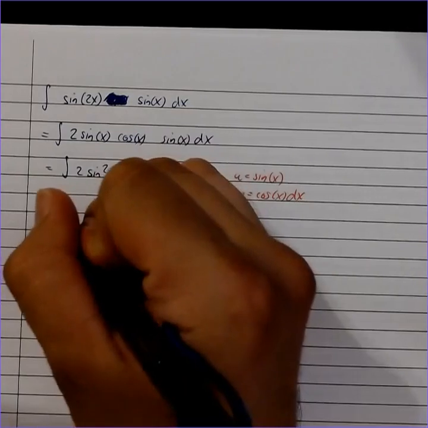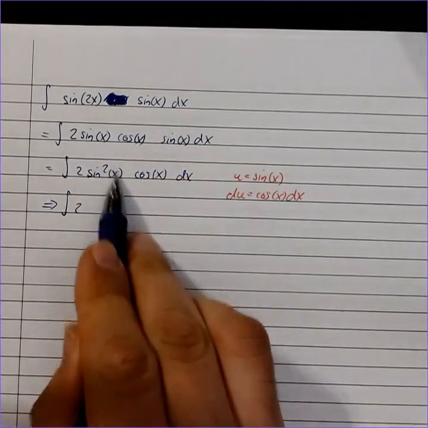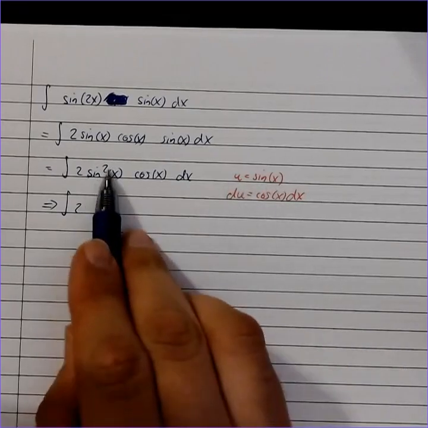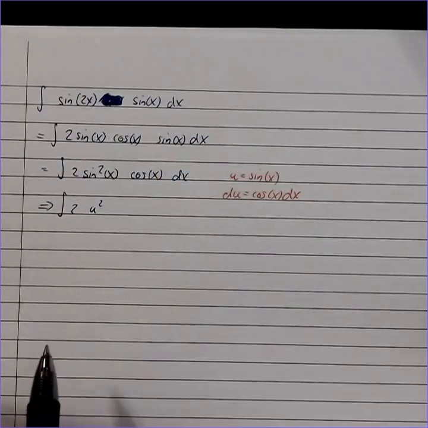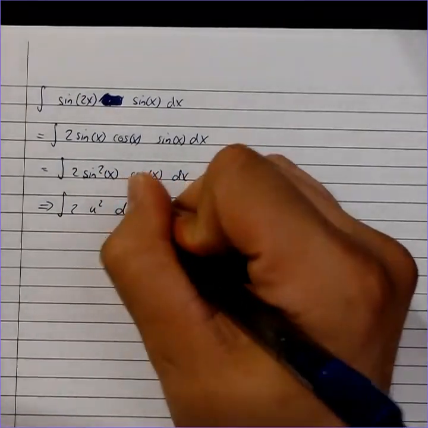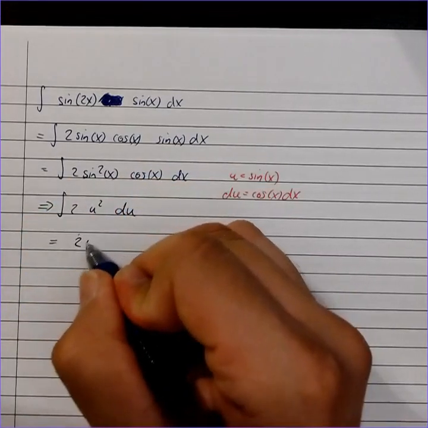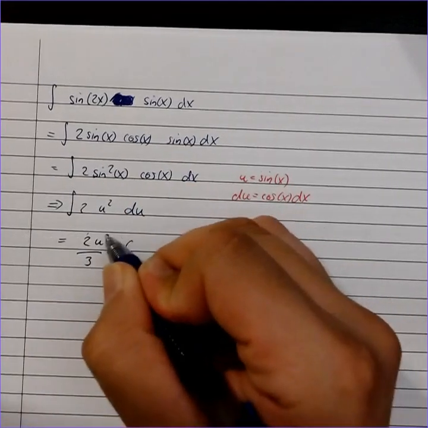So here, this is going to become the integral of 2 sine squared of x. We can write that as just u squared. Cosine of x dx, that's just du. And now the integral here is going to be 2u to the third over 3 plus a constant of integration.